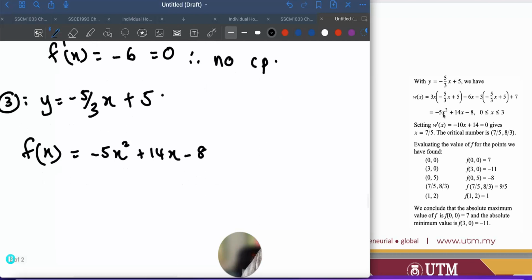Okay, and now we want to find the critical point along this line. So you have to differentiate with respect to x.